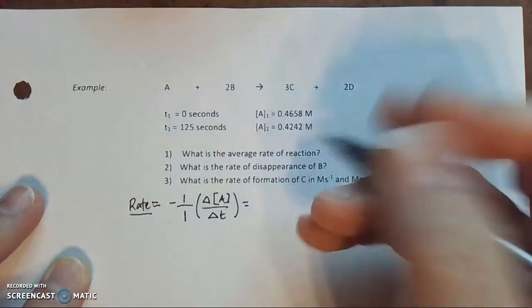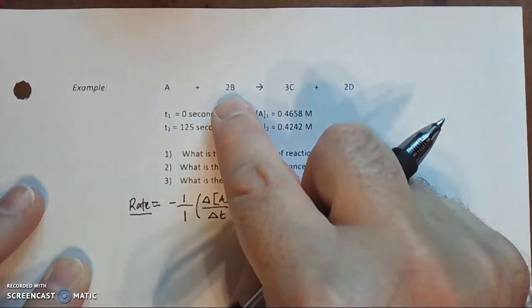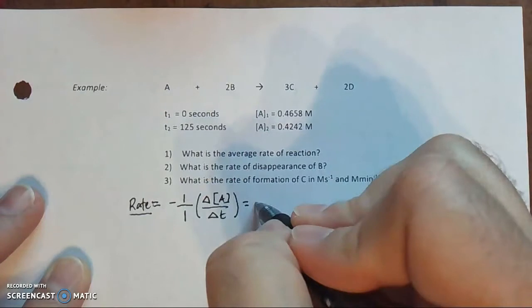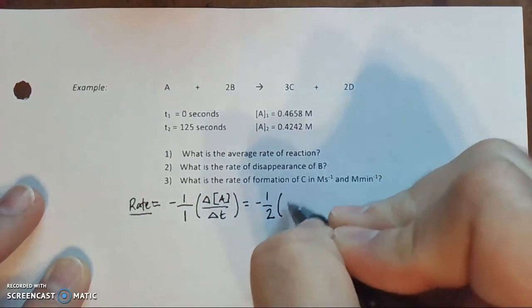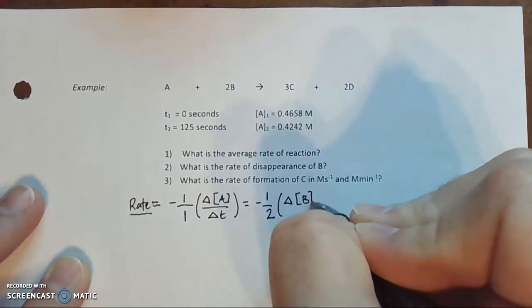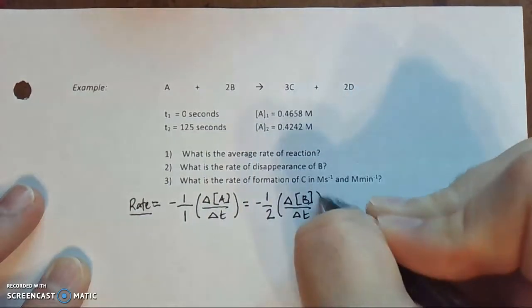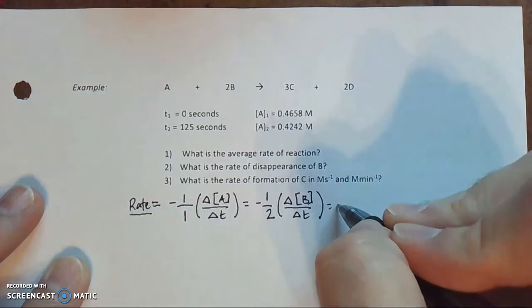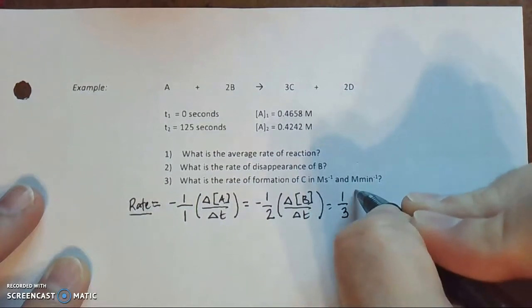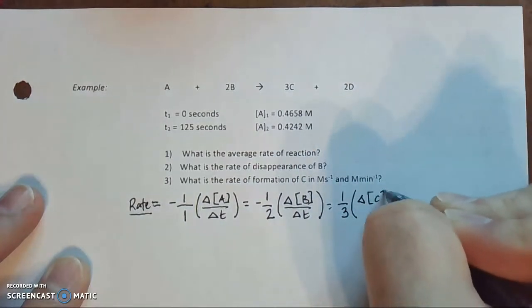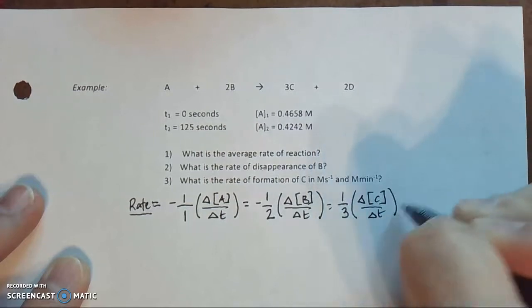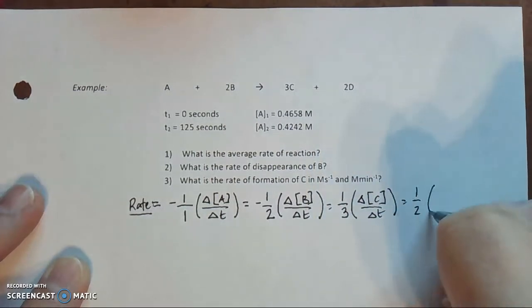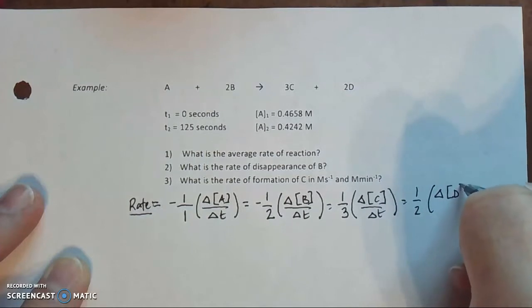That could also be equal to, well, we have a coefficient of 2 in front of B, so negative 1 over 2 times the change in concentration of B over time. The coefficient in front of C is 3, so it's positive 1/3 times the change in concentration of C over time, or 1/2 the change in concentration of D over time.